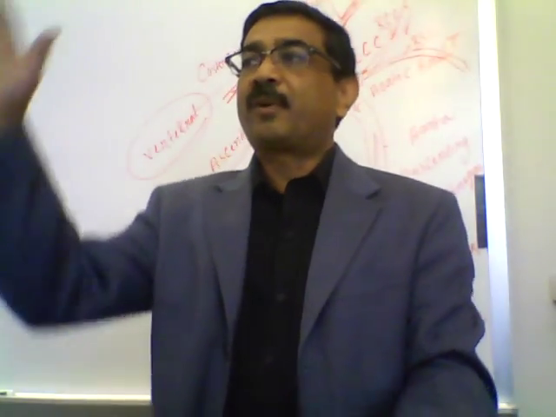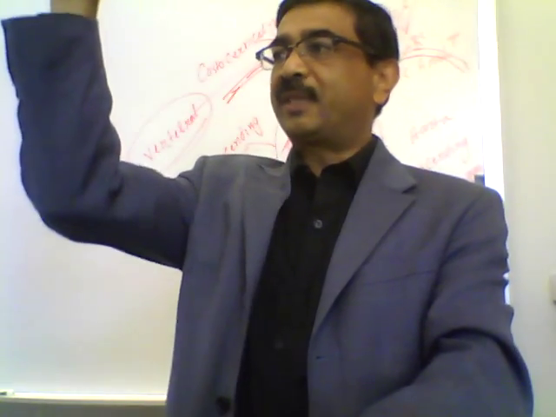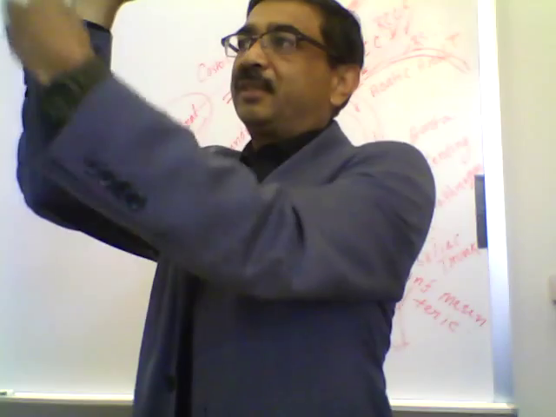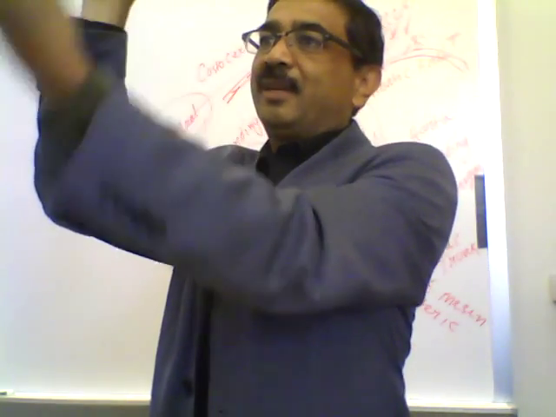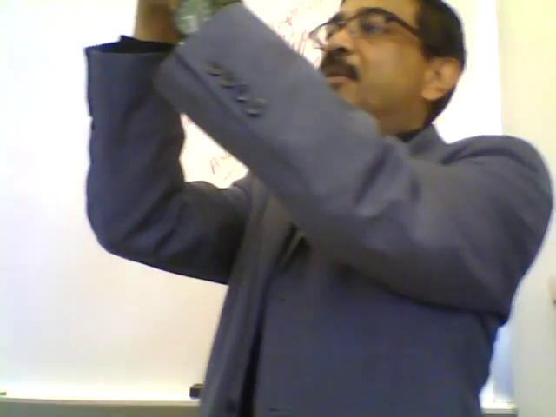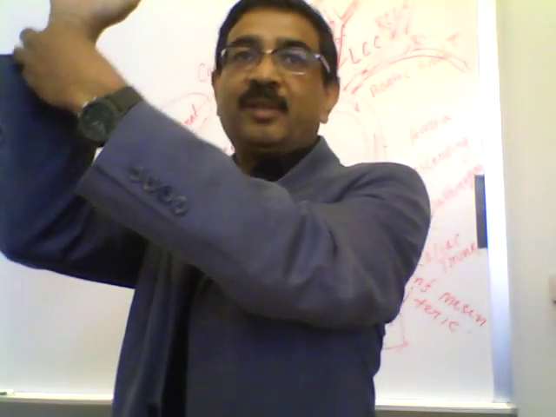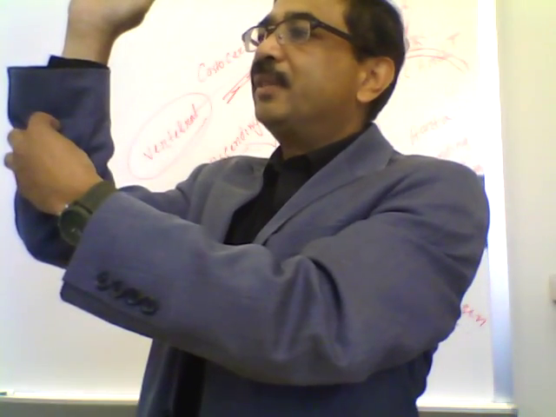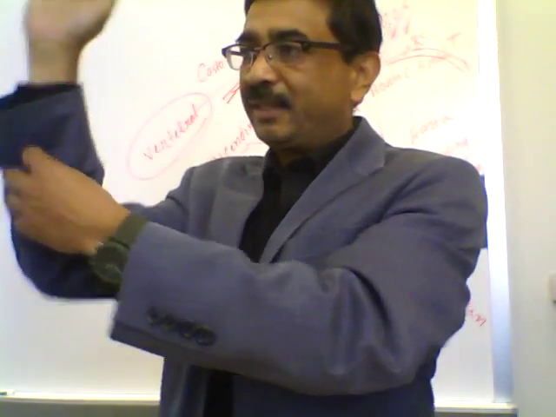Now, from the front of the abdominal aorta, you see, this is the abdominal aorta. From the front, three arteries arise. Top one is what? Celiac trunk. The middle one is the superior mesenteric, and the lower one is inferior mesenteric.